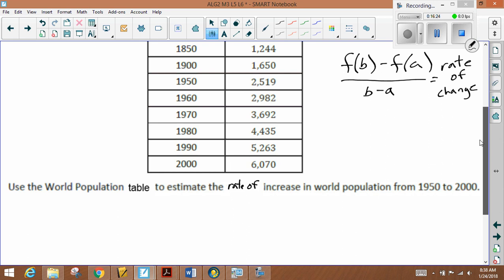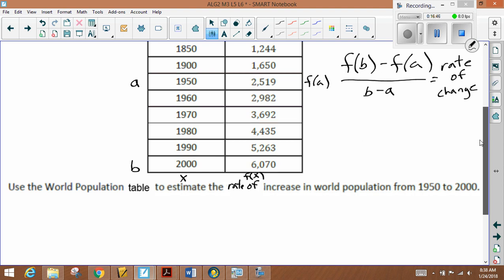So let's call this A, and this is B. We want to know the rate of change from A to B, from 1950 to 2000. If that's A, I'm going to call this f of A, right? If we were looking at a normal table of values, we call that x, and we would call that f of x, right?